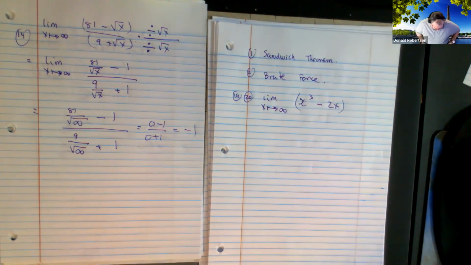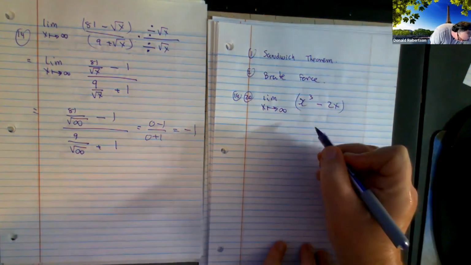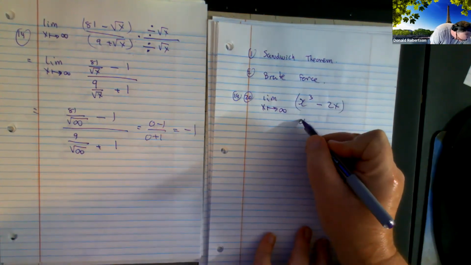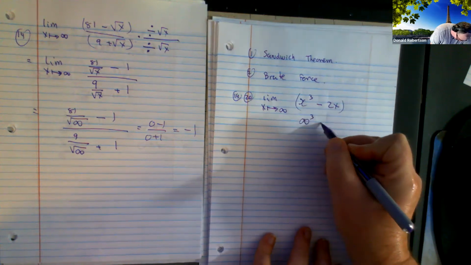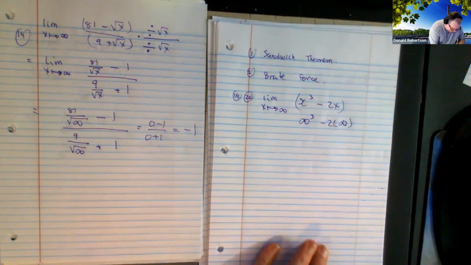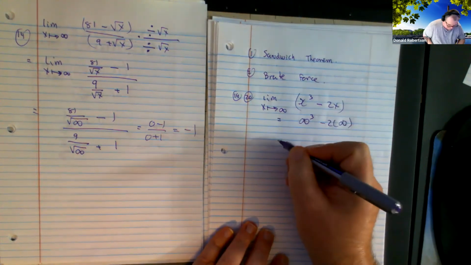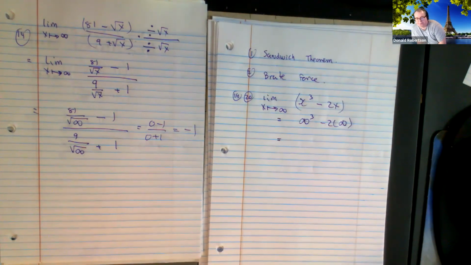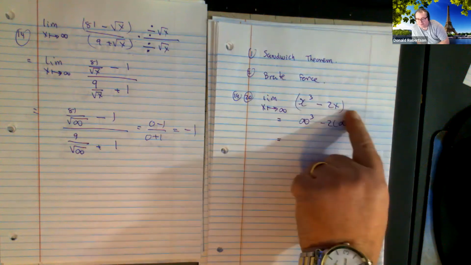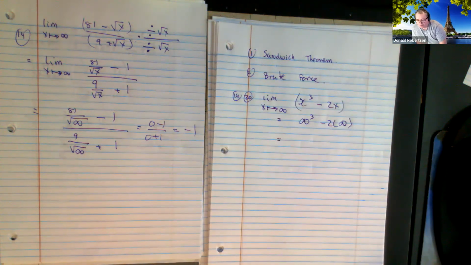Now, I'm calling this a special version of brute force because all I'm going to do is brute force. And then I'm going to use a little bit of common sense here. When you get an expression that has no fractions in it, but you make x go infinite, would it seem reasonable that the answer is going to become some type of infinity?